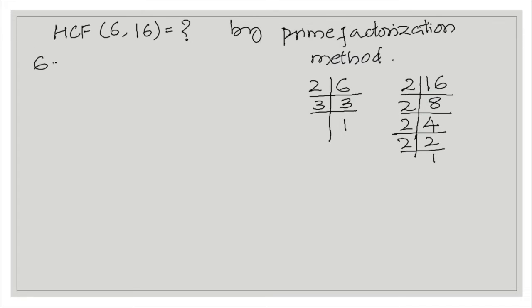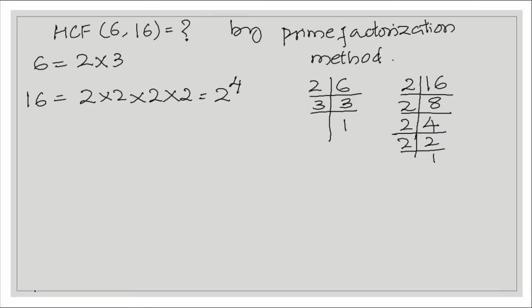So the prime product of 6 will be 2 multiplied by 3, and the prime product of 16 will be 2 multiplied by 2 multiplied by 2 multiplied by 2, nothing but 2 raised to the power 4.